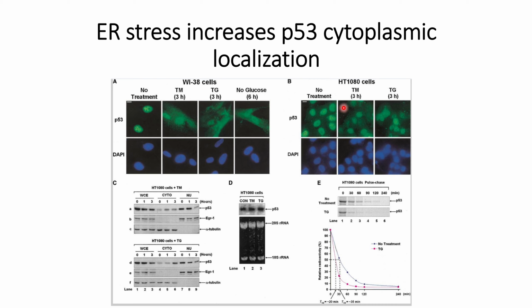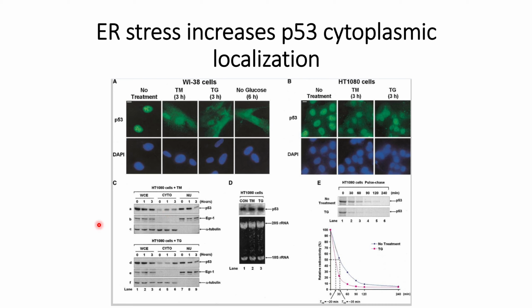They did the same thing with another cell line, HT1080. In this case also they see p53 staining in the cytoplasm whenever they introduced ER stress through tunicamycin or thapsigargin.